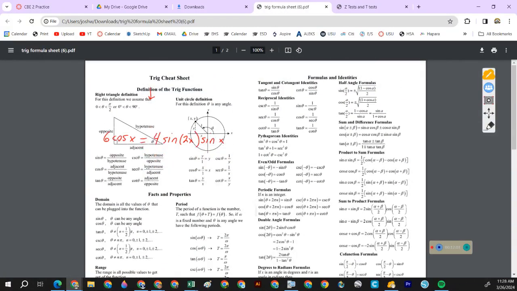All right. So I'm going to use this double angle formula. So I will replace the sine of 2x with that.